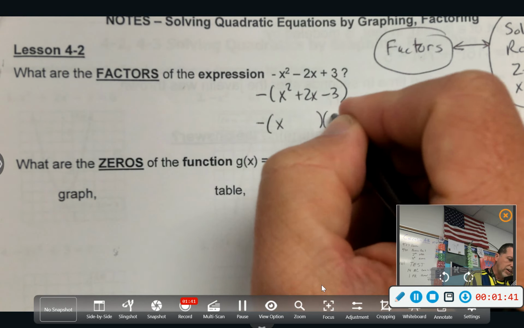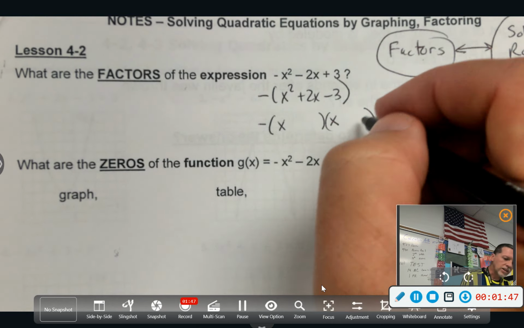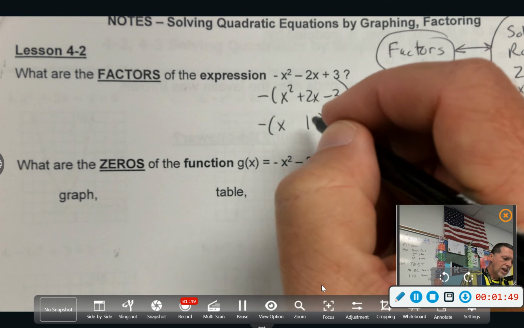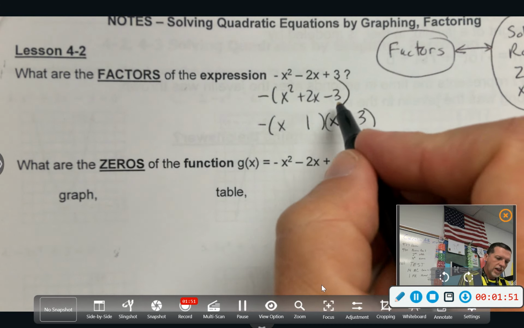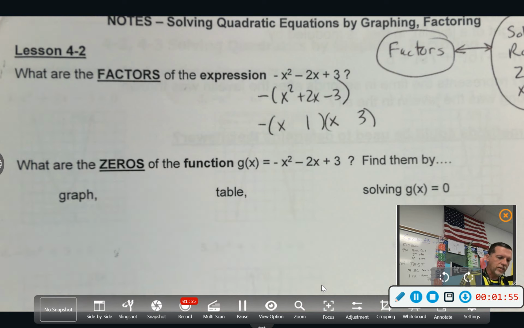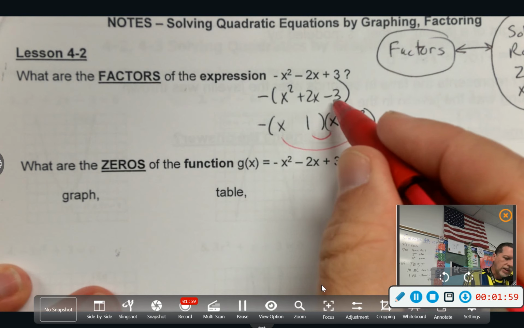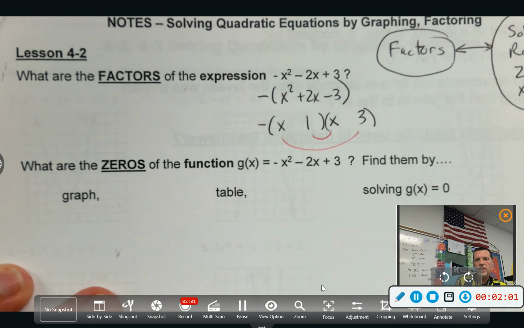And so I need to sort of unfoil this. It's got to be x and x to get to x squared. It's got to be 3 and 1 to get to 3. And then it's just a matter of signs and combining to get 2x in the middle. Let's see, I need my signs to be different.